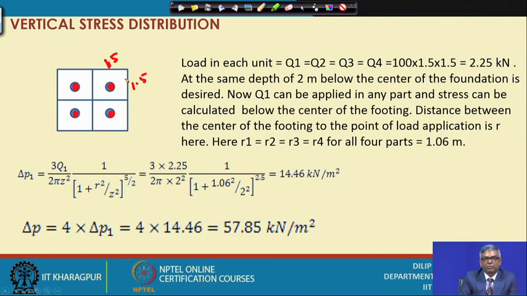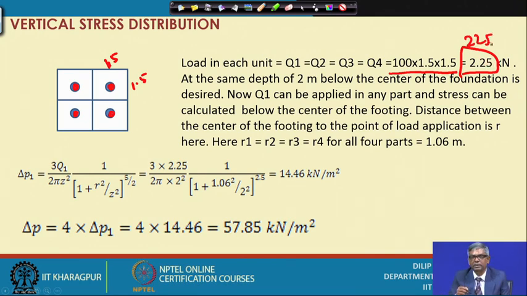The load on this 1.5 by 1.5 meter area would be 100 into 1.5 into 1.5, that is 225 kilonewton. Since I have divided into 4 parts, the load acting on each part will be 1/4 of the total 900, so it is not 2.25, it is 225 kilonewton.